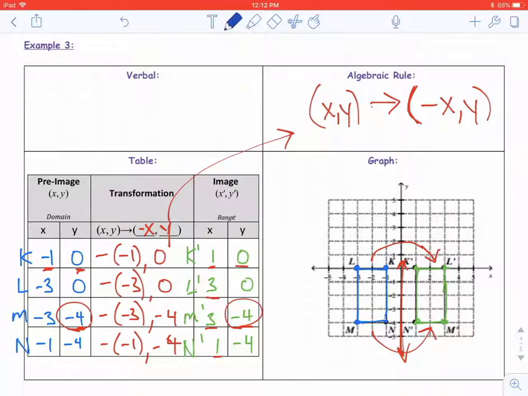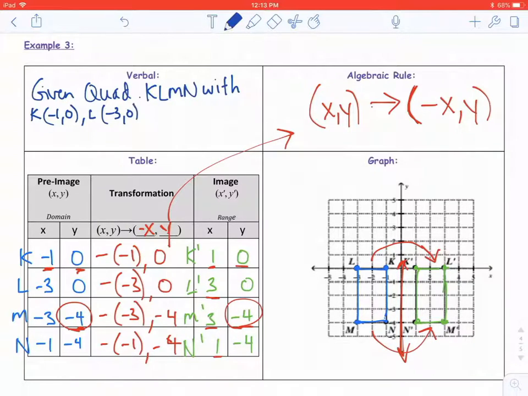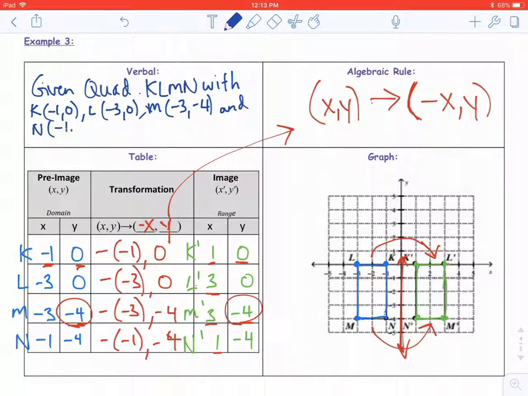So given quadrilateral KLMN, with K at (-1, 0), L at (-3, 0), M at (-3, -4), and N at (-1, -4).